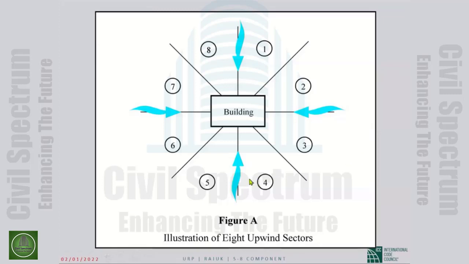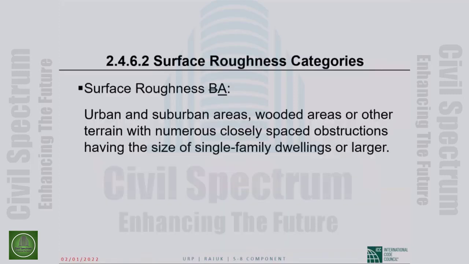If the direction of wind changes from up to down, then this will be the upwind direction. Then you will look at segments 4 and 5, and whichever has the rougher terrain will give you the roughness category for that face of the building or that direction of wind.